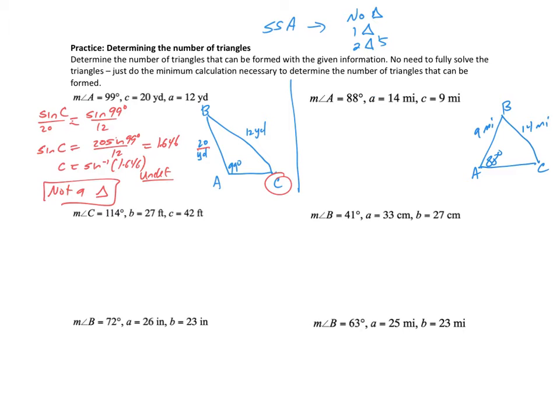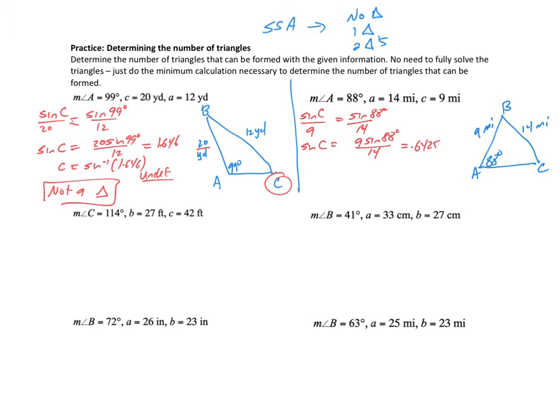We'll begin by setting up the law of sines. Sine of capital C over 9 is equal to sine of 88 over 14. I'll multiply both sides by 14, and sine of capital C is equal to 9 sine 88 over 14. Entering that into my calculator, sine C is equal to 0.6425.